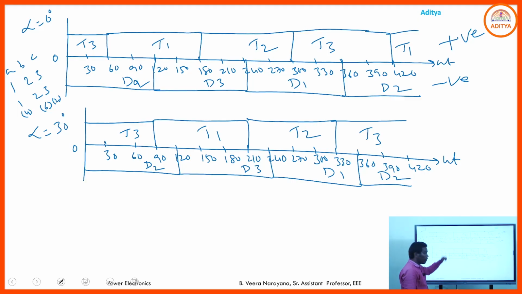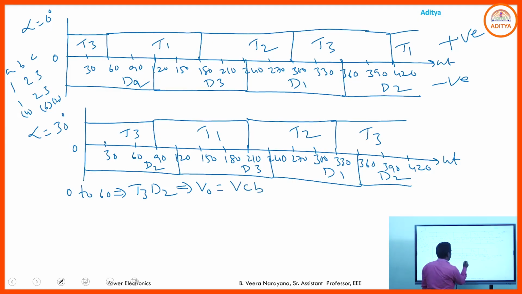So from this, what do you observe? From 0 to 60, which are in the on state? T3, D2. Then what is the output voltage? 3, 2. V0 is equal to VCB.